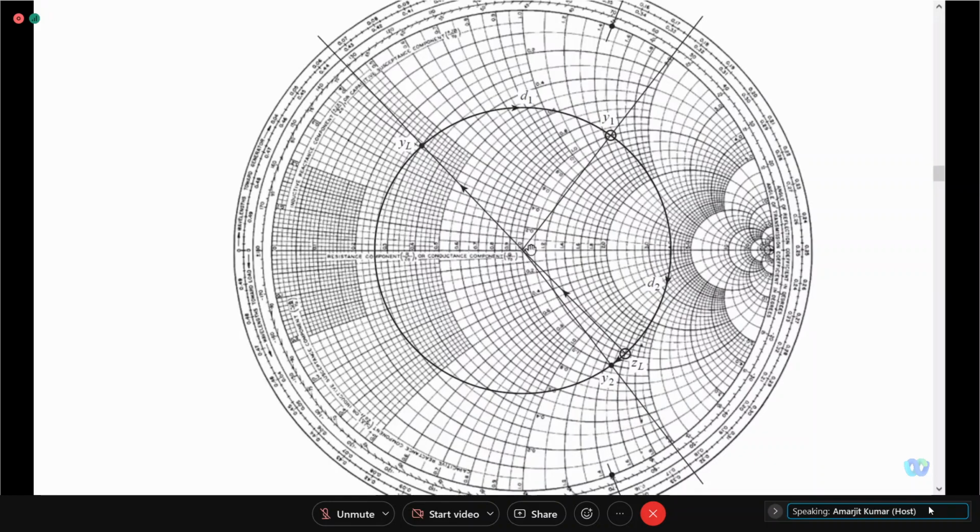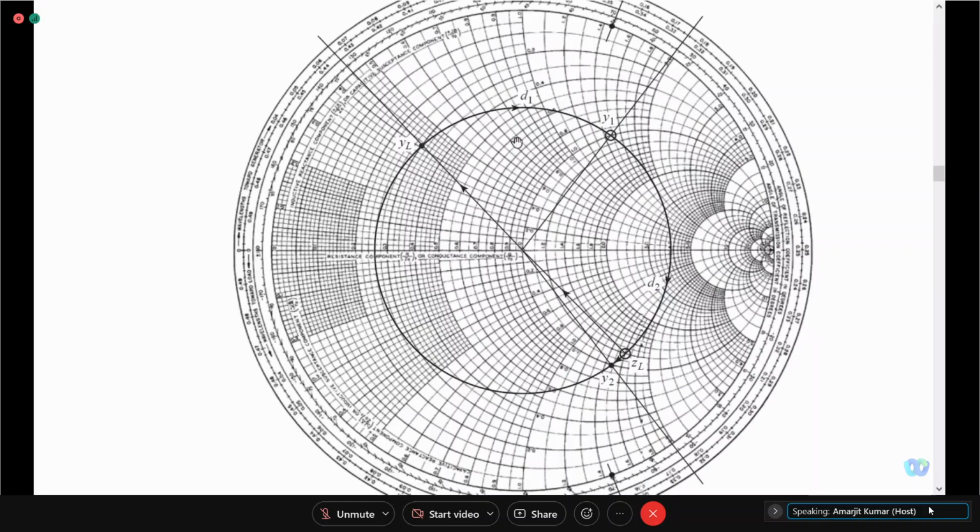You can see the 1 plus jb circle, this one. So from yL, this distance d1, we are here. This is the intersection point with the 1 plus jb circle.